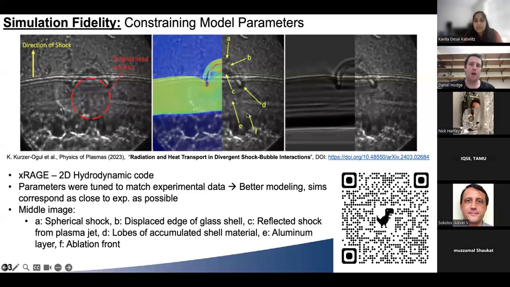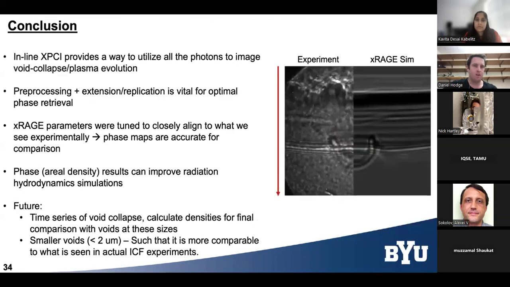And there are a lot of interactions that are important in this void collapse process that I don't have time to really go through. But the idea is that we use X-ray phase contrast imaging because we have materials of similar densities, and we want to utilize all of these photons to image the material. And pre-processing is super vital for getting phase retrieval results that are actually accurate.